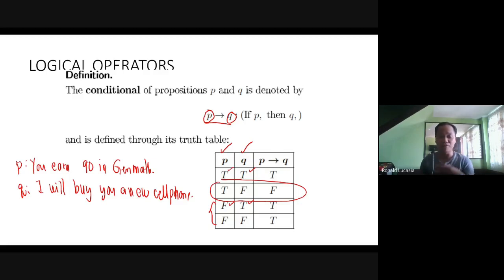All it says is that if you do so, then I will buy you a new cell phone. Get it? If you think of this as a promise, the only way it can be broken is if you earn 90 in Gen Math and I do not buy you a cell phone. That is the only time it becomes false. If you get 90 but I don't buy you a cell phone, that is called the broken promise. Okay?